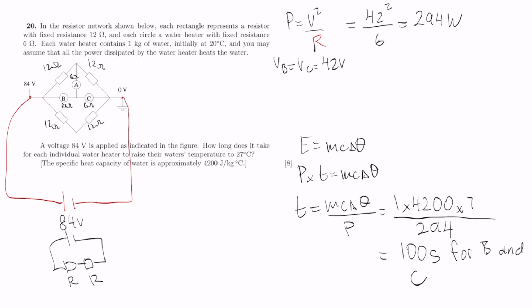Now, here's something really, really interesting. What will the voltage across A actually be? Well, I'm going to take two more loops. From the positive terminal, I can also go this way to the negative terminal, and this is actually another complete loop.